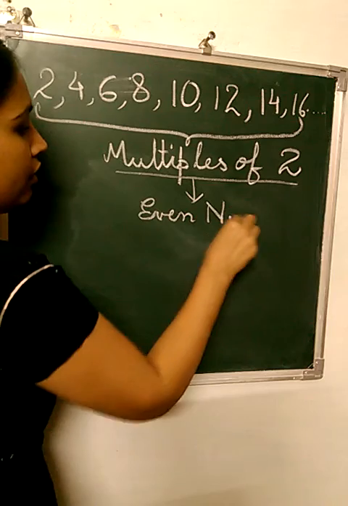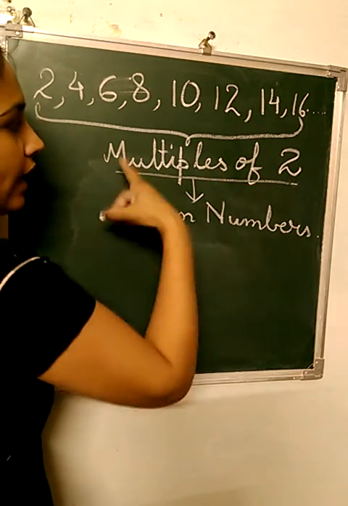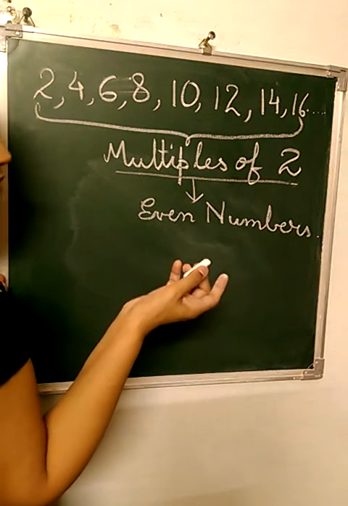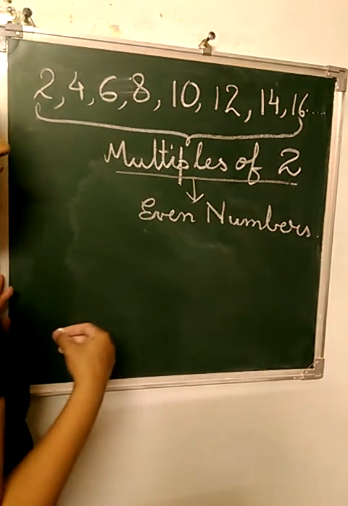These multiples of 2 are also known as even numbers. So what are even numbers? All the multiples of 2, and the 2 is a multiple of itself. So all the multiples of 2 are known as even numbers.